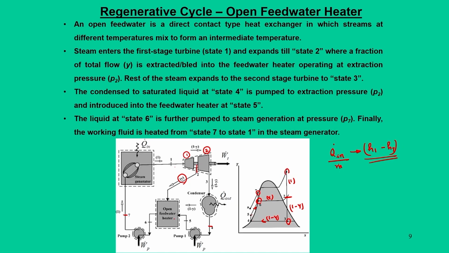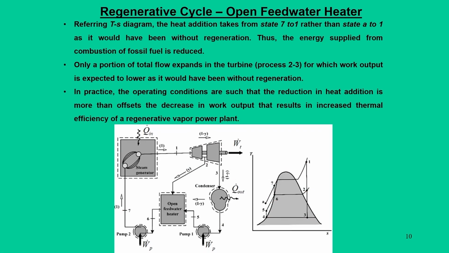This is the advantage that we get in an open feed water system. So, in practice the operating conditions are such that the reduction in heat addition more than offsets the decrease in the work output, and there is an enhancement in the thermal efficiency.